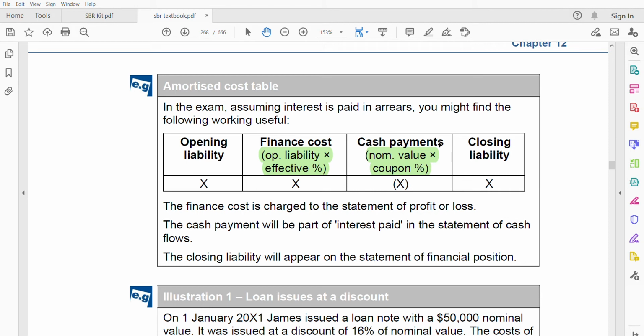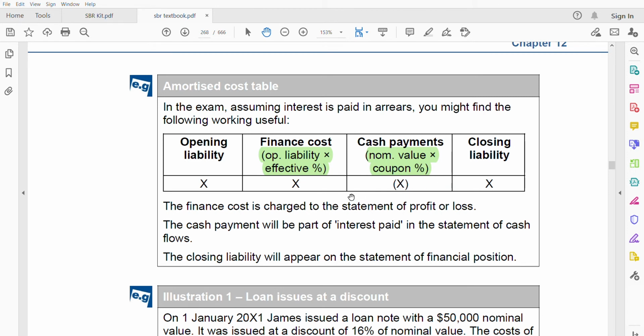Sometimes people use the coupon percentage as the interest rate, and sometimes the effective interest rate goes here. So don't interchange the two. Effective rate of interest is used to find the interest, the cost. Coupon percentage is used for the cash payment: in the nominal value you multiply and then you deduct it. It's a deduction, that's why it's in bracket.